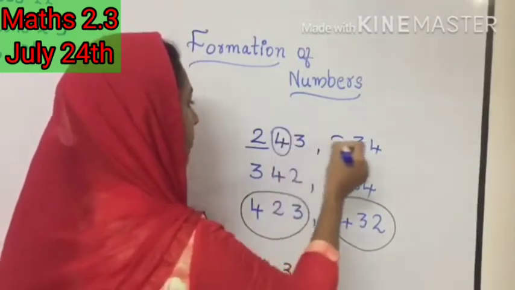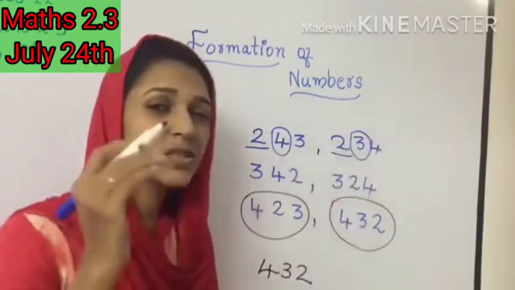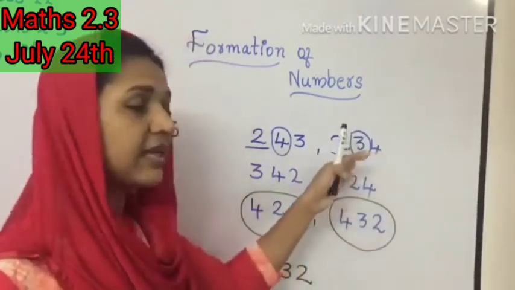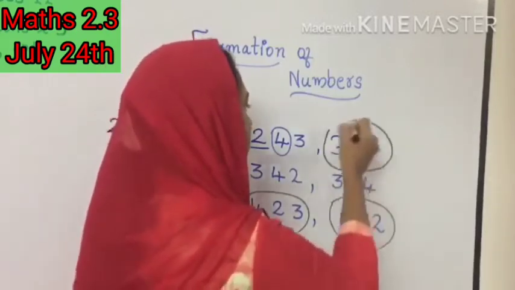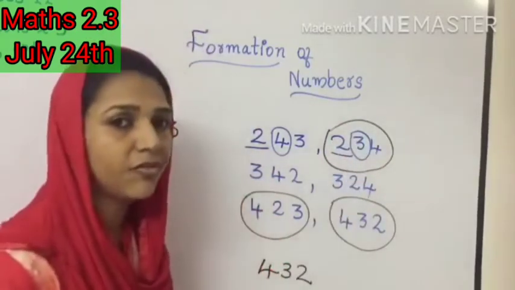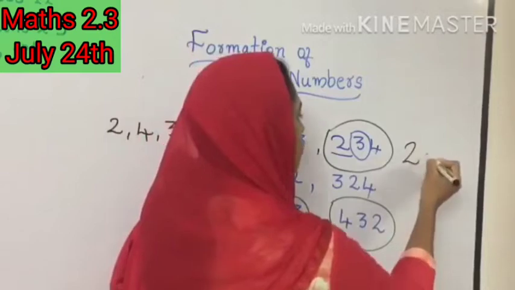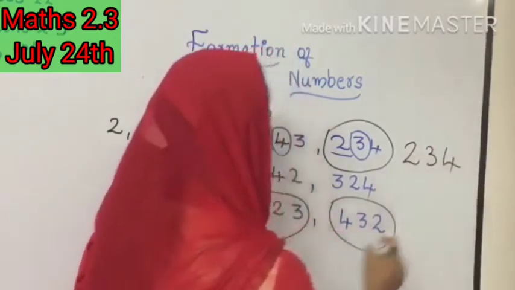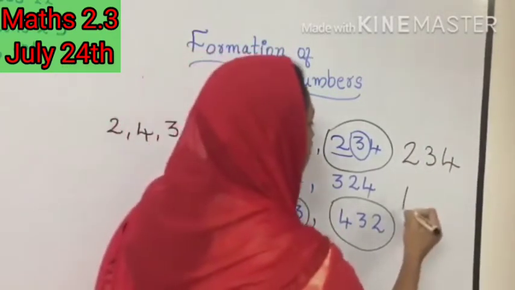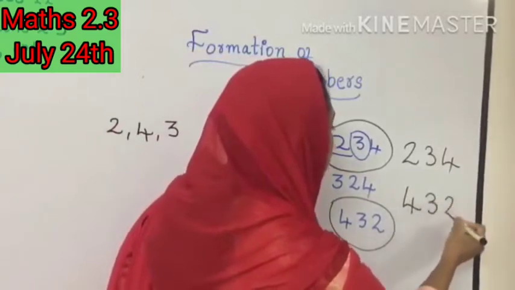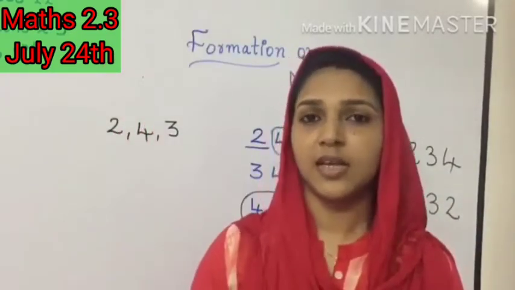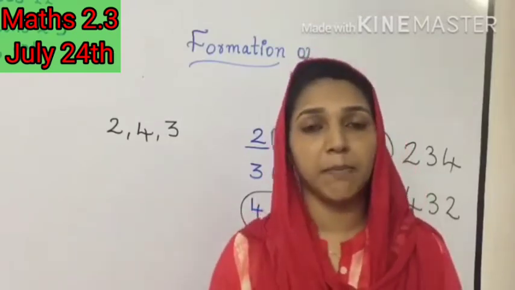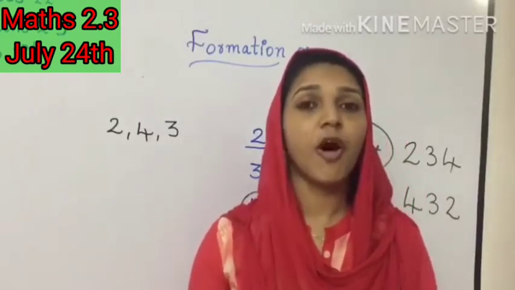Here it is 4. Here 3. Which is smallest? 3 is smaller than 4. So, the smallest number is 234. Smallest number is 234 and greatest number is 432. Okay. So, it is a difficult task to write all possible numbers that we can form by using the given digits.